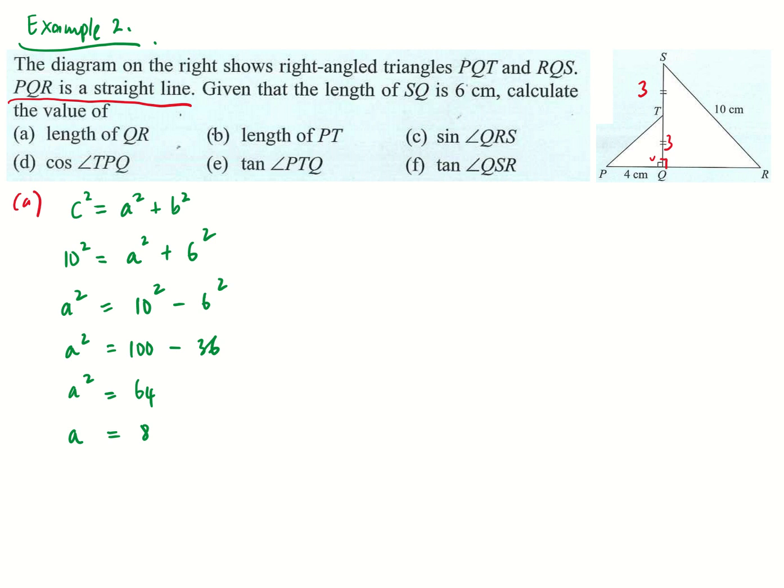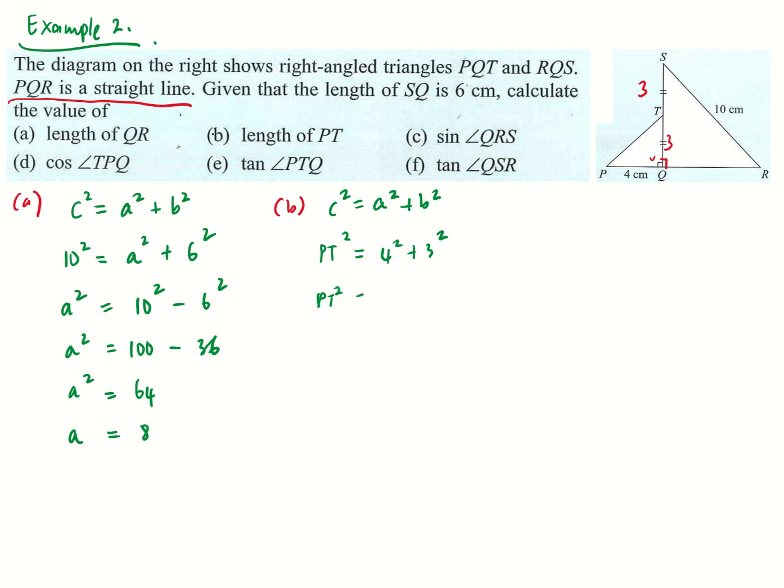Okay, question B. Length of PT. Since PT is the hypotenuse, we can write c square equals a square plus b square. So I can put here PT square, the name of the line, equals 4 square plus 3 square.